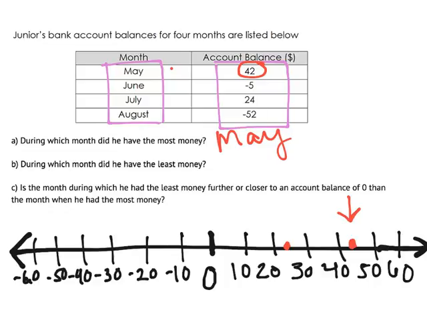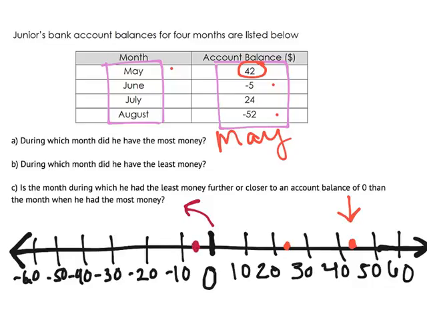Part B, during which month did he have the least amount of money? Again, if I'm talking about the least amount of money and I have two values that are negative, I need to figure out which one is the smallest value. So looking at my number line to help me again, negatives are always to the left of 0. Negative 5 is going to be somewhere around here in between 0 and negative 10.